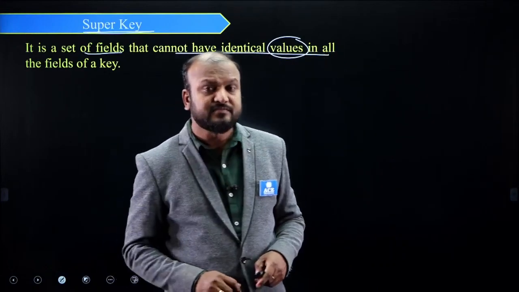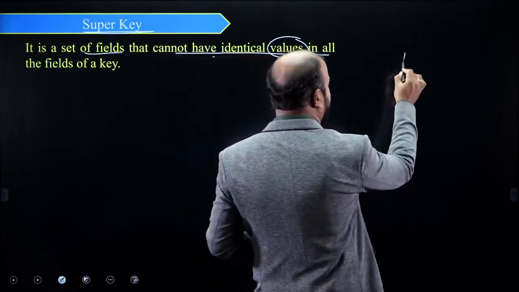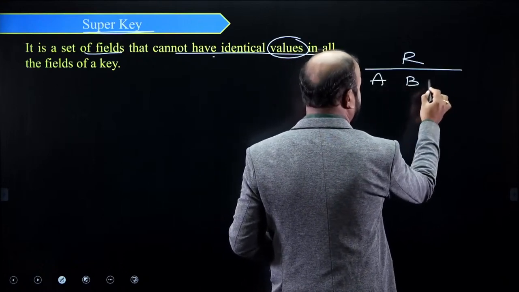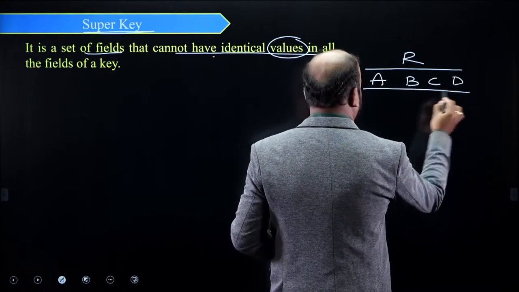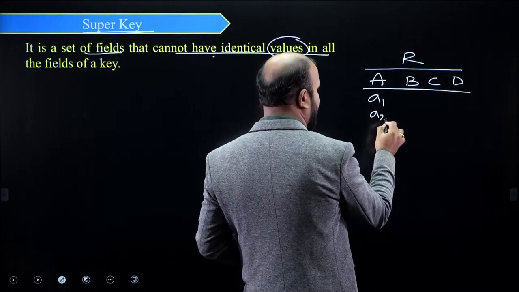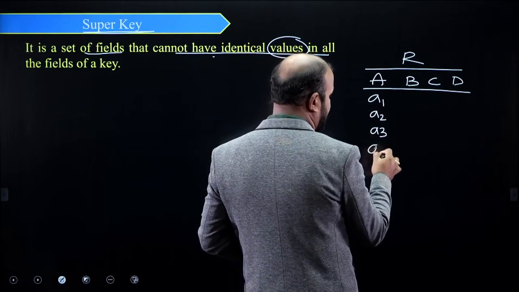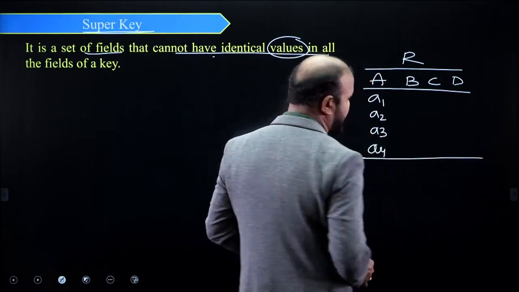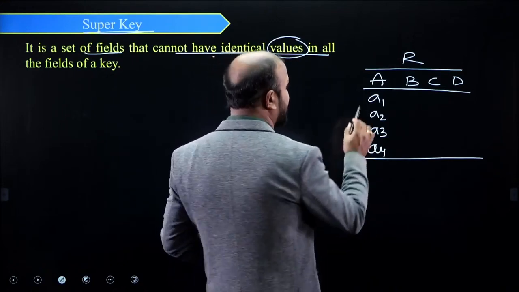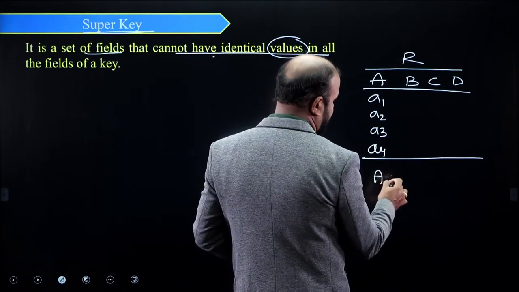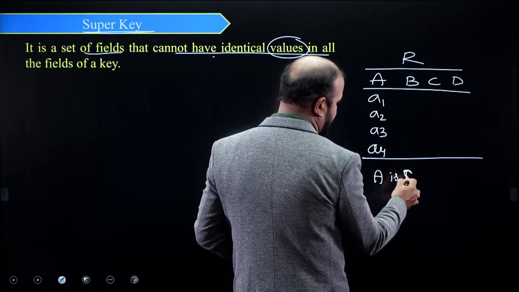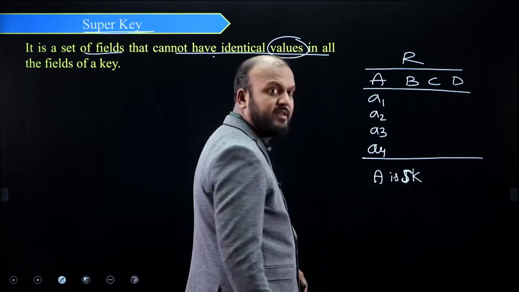It's called super key. Suppose I have a relation R having some attributes A, B, C, D. Now A has some tuples, attributes A1, A2, A3, A4, right? So do we have any duplicates in the column A? No. Then I can call A a key. A is a key, generally we call it super key.